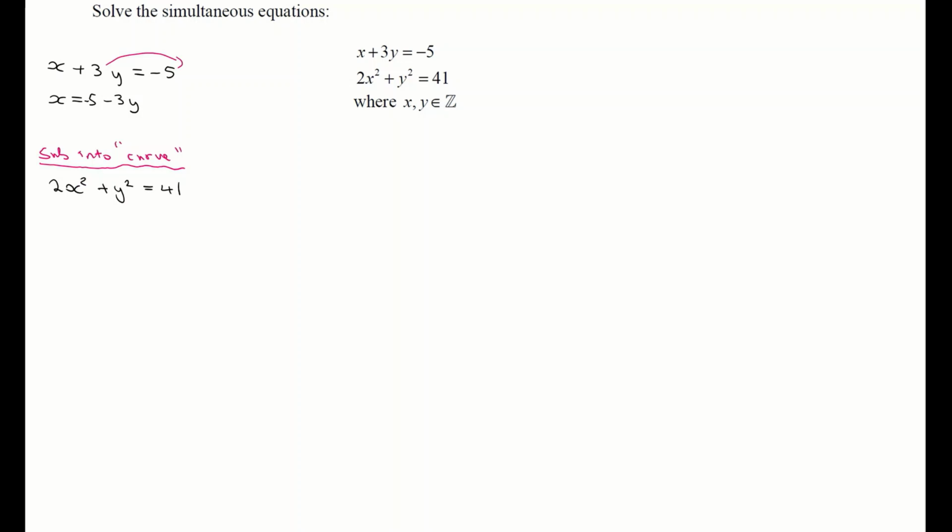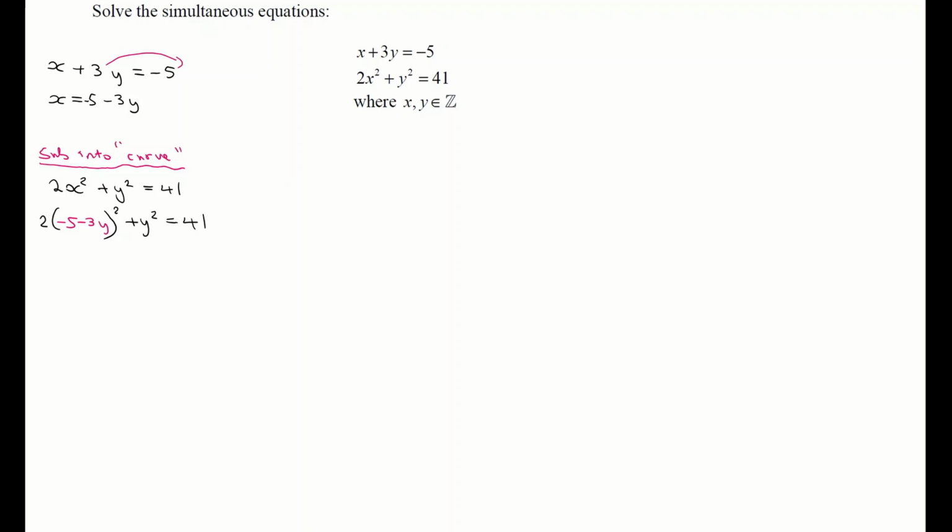And I'm substituting in for x, minus 5 minus 3y. And don't forget though that that has to be squared. Then plus y squared equals 41. Now the reason for this, you can hopefully see now, is that my equation here is just in terms of y. So I've gotten rid of my second variable. It just has one variable in it, the y value. So let's see how that brings us.